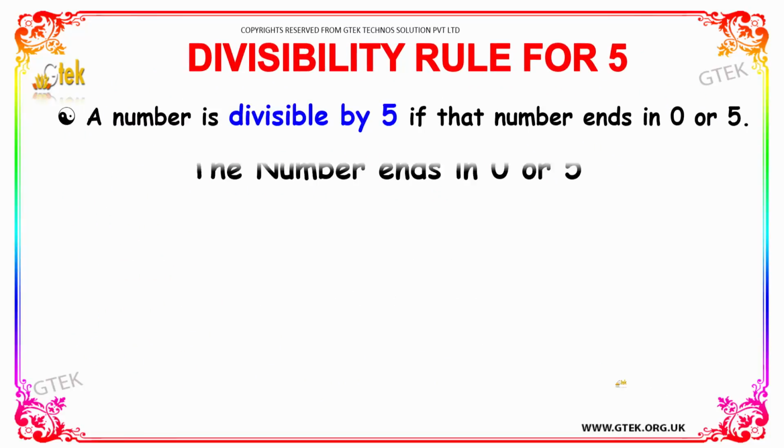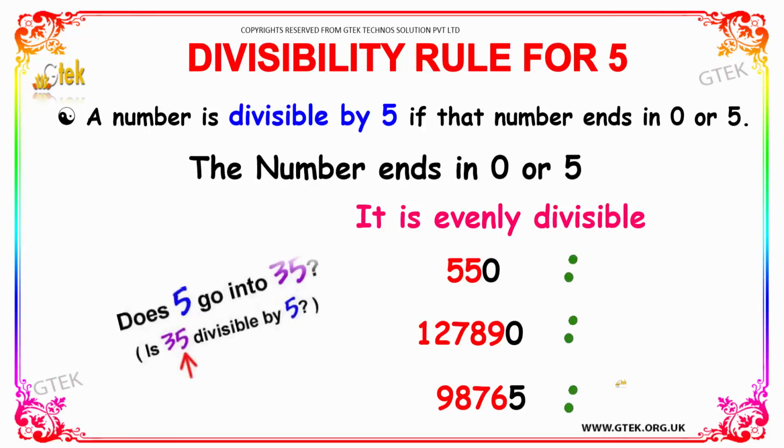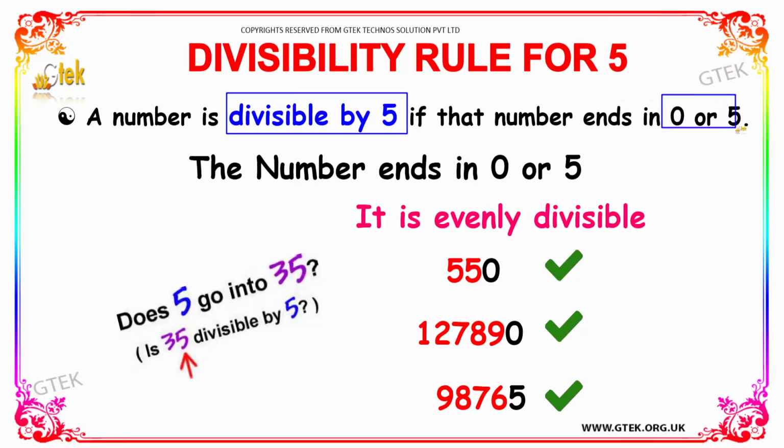Next we have the divisibility rule for 5. A number which is divisible by 5 will end in either 0 or 5. That is, any number which ends with 0 or 5 will be divisible by 5.